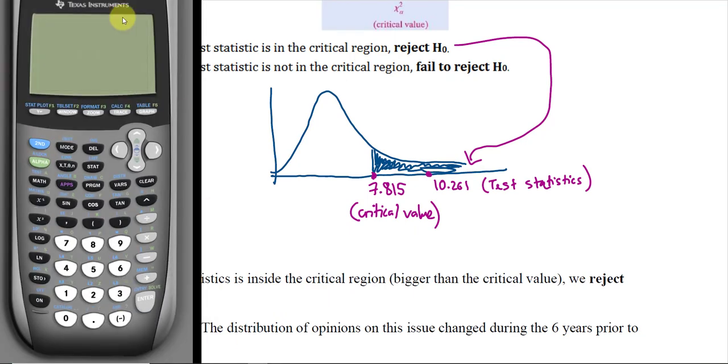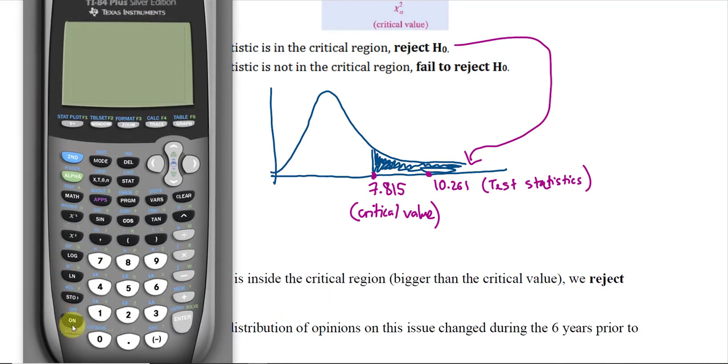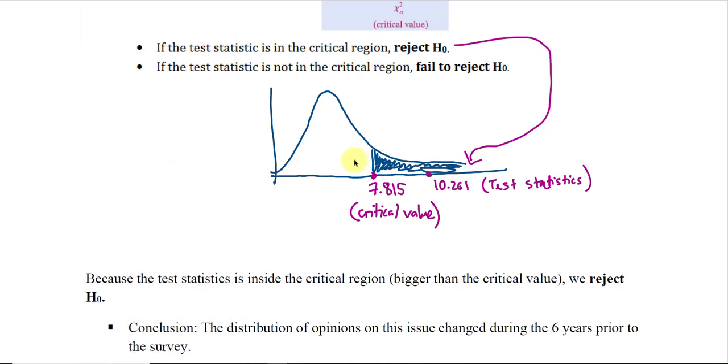Now if you are using the TI-84, we press stat, we go to test, we scroll down, and you want to find the chi-square goodness of fit test. Now they require the observed and the expected values.